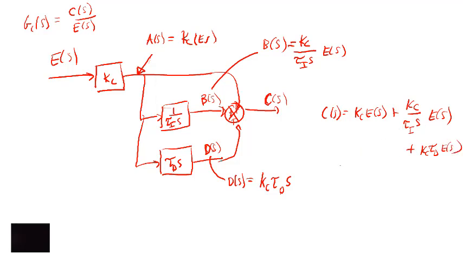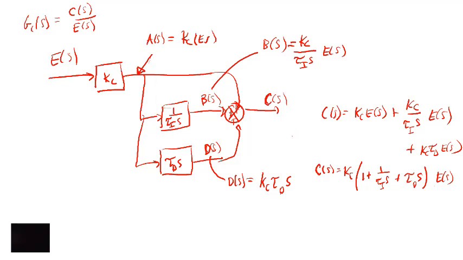Now what we can do is factor out Kc and E, so C(s) equals Kc times (1 plus 1 over tau I s plus tau d s), and I'm going to give us back this E at the end.